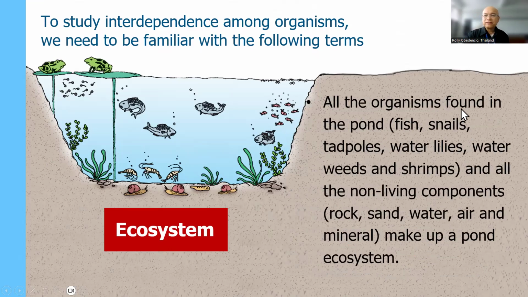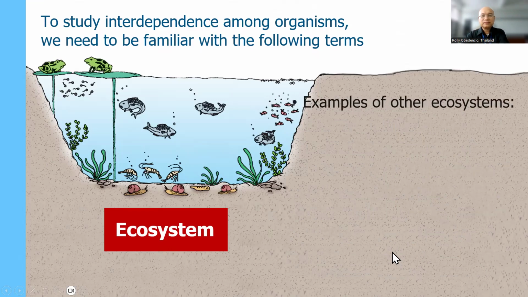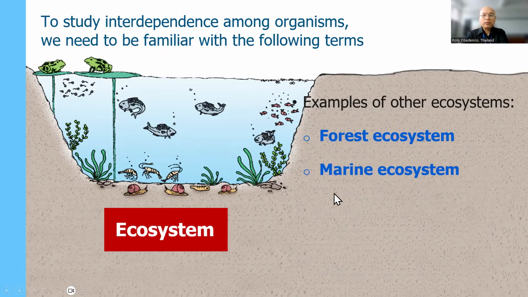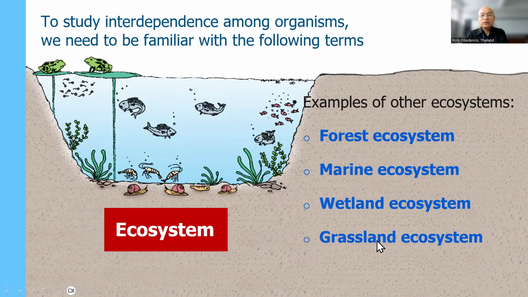All the organisms found in the pond, like fish, snails, tadpoles, water lilies, water weeds and shrimps, and all the non-living components like rock, sand, water, air, and minerals make up a pond ecosystem. Examples of other ecosystems are forest ecosystem, marine ecosystem, wetland ecosystem, and grassland ecosystem.